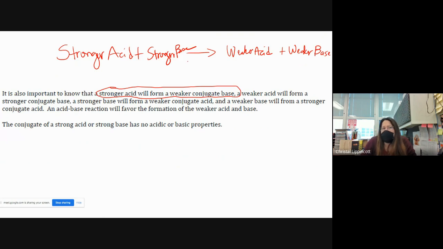So whichever side's the strong acid's also going to be the strong base. Whichever side's the weak acid's going to be the weaker base. An acid-base reaction will favor the formation of the weaker acid and base. The conjugate of the strong acid or strong base has no acidic or basic properties.